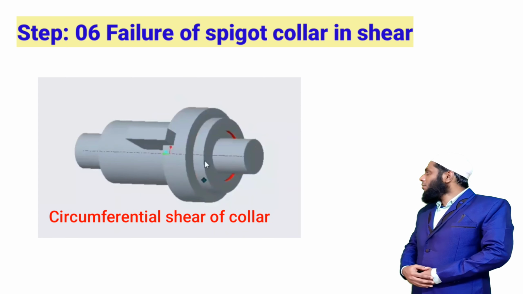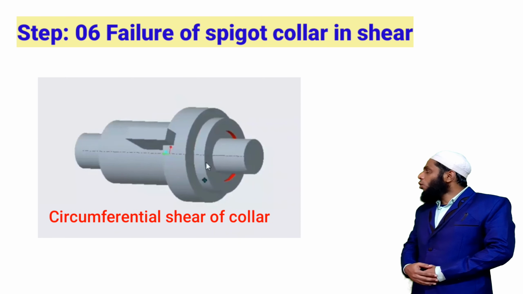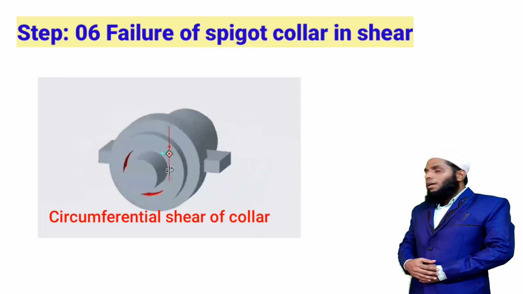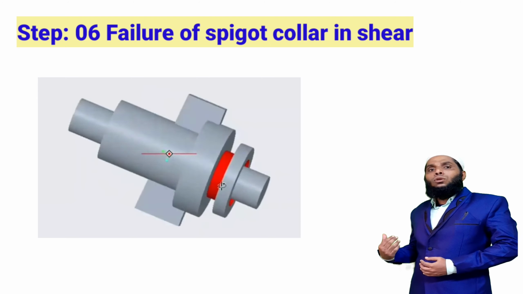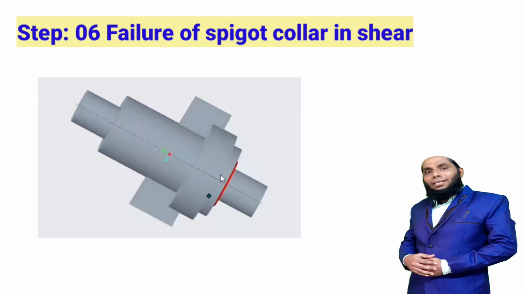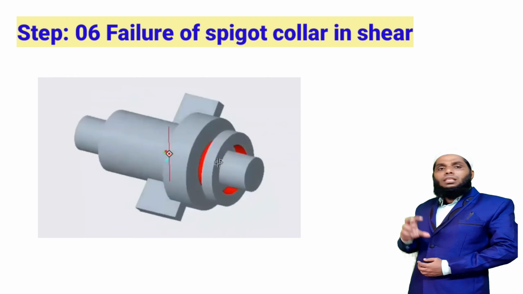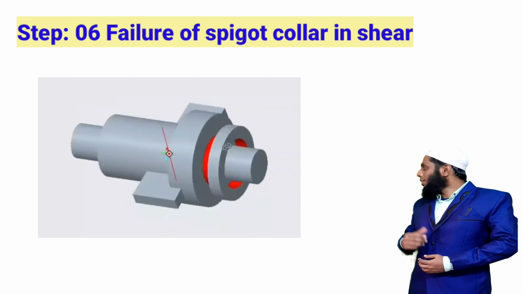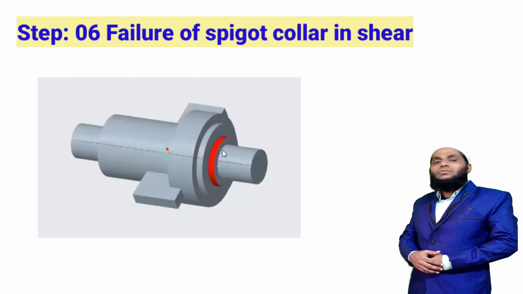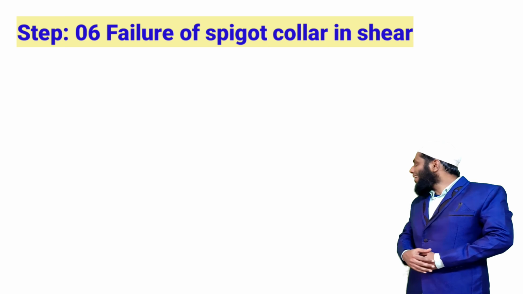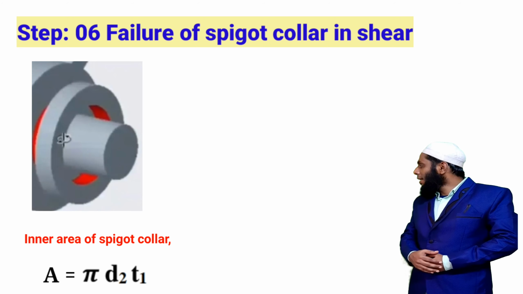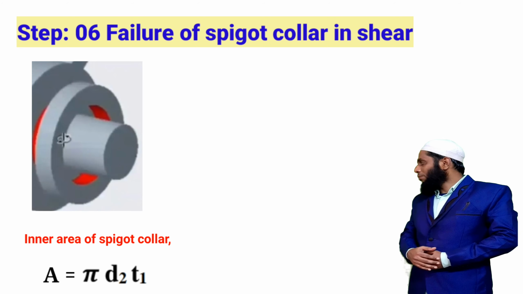Step number 6 is failure of spigot collar in shear. As the load comes on the spigot end, the collar will be sheared off in the form of a ring. So the circumferential area of the ring of the spigot, A, is equal to pi d2 into T1.